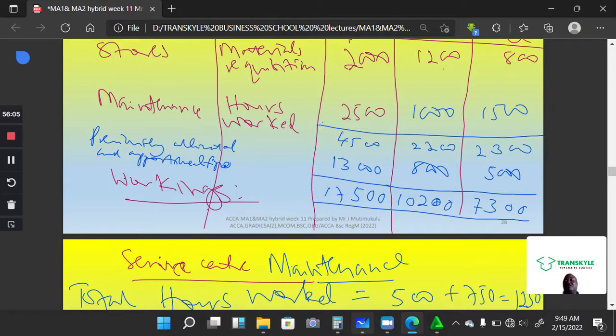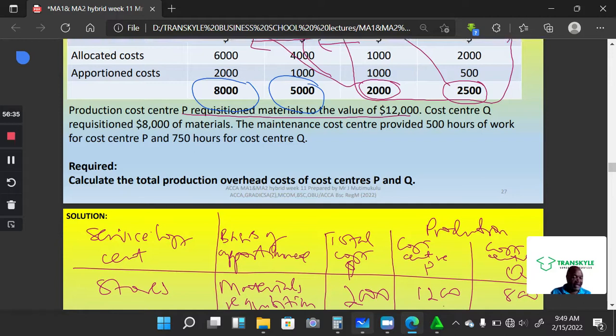So you can also cross-check yourself to determine if 10,200 plus 7,300 gives you 17,500. If they do, then you are correct. You are on the right path. If you have done this, I can assure you that you have passed.